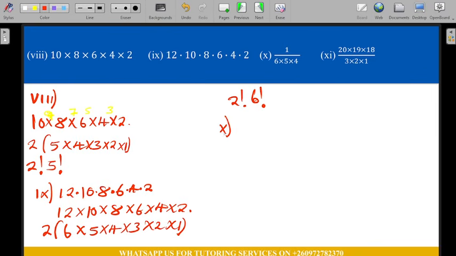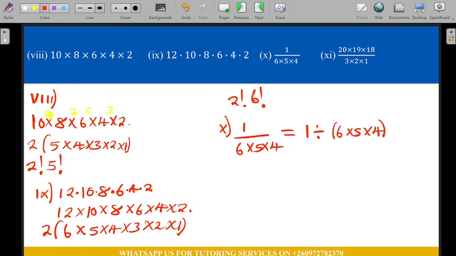Then for part 10, what we have is 1 over 6 times 5 times 4. So we have a fraction without any factorials, and we have to express it in factorial form. What you do first is say 1 divided by, open, 6 times 5 times 4.